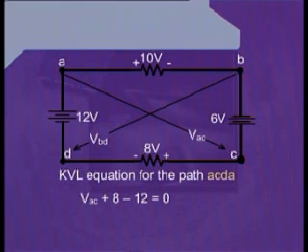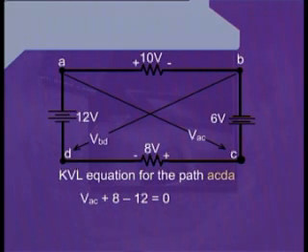Looking at the point D, we see that there exists a resistive element between the point C and point D. Also, this resistive element has been marked with a voltage drop across it having a value of 8 volts.